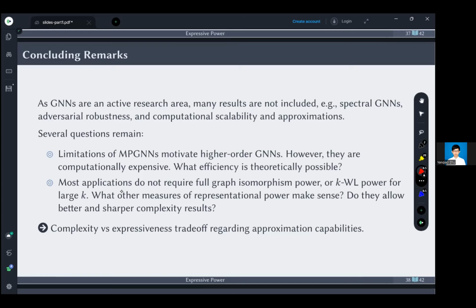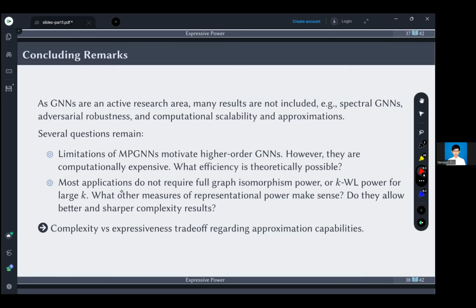This means that you don't need to build a model that has full representation power, or the KWL power for larger K. And actually, for all the papers I introduced today, they don't use K larger than 4. Most focus on 1, 2, and 3.